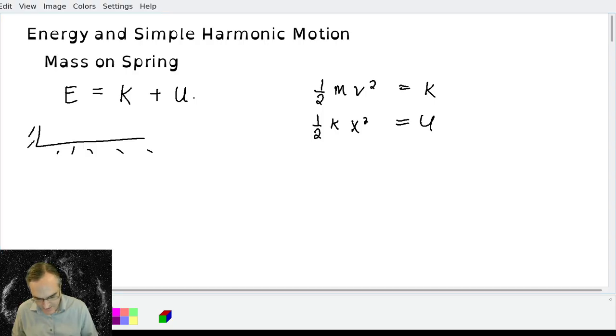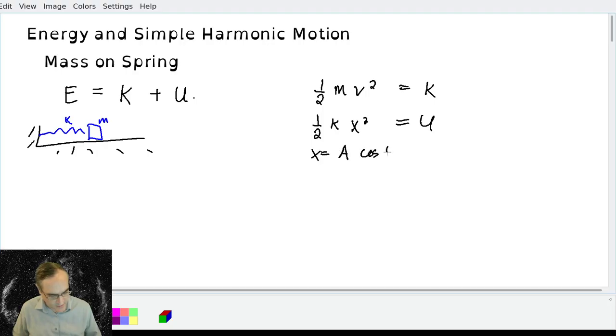So we'll have our mass, and it's connected to a spring with some spring constant. Alright, what we had previously figured out is that the position follows a function something like a cosine of omega t plus the phase, where we found omega to be the square root of k over m.